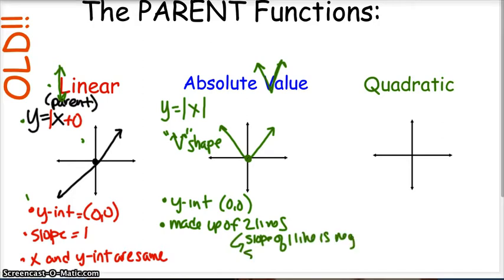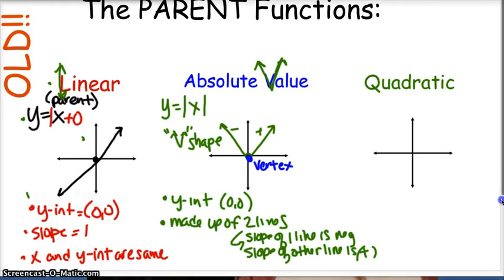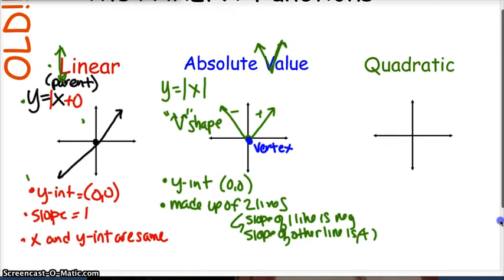And the slope of the other line is positive. So think about that one's going downhill, that one's going uphill. And when we talk about the y-intercept being at (0, 0), this point has a special name. It's referred to as the vertex. So I want you to know that the vertex is at (0, 0) as well.